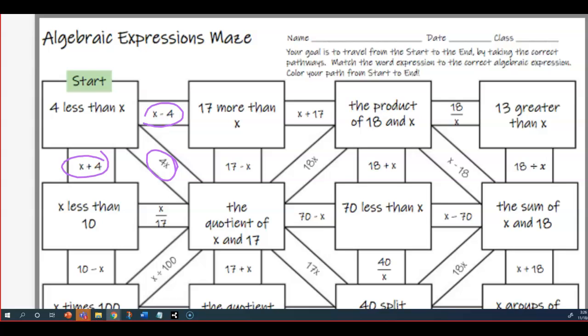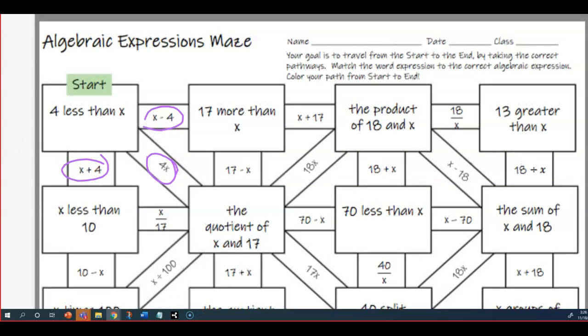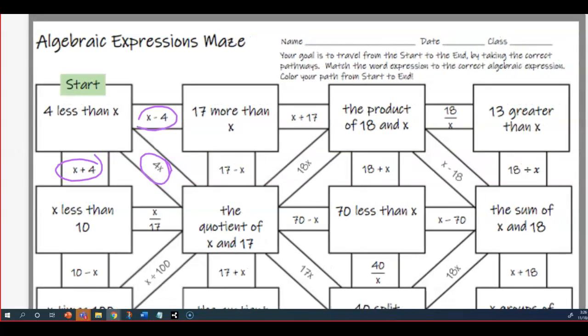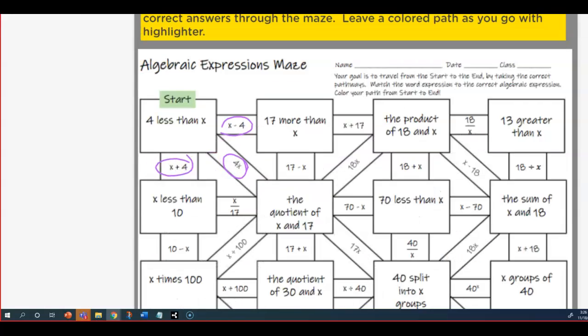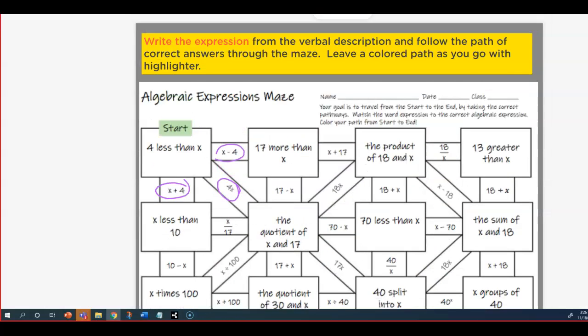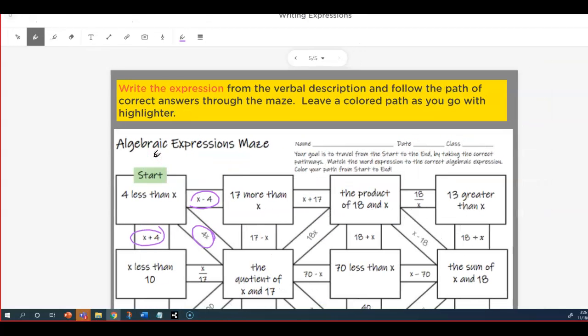X plus 4 is addition. So 4 less than X, that's the way I'm going to want to go. So I'm going to be going this way.